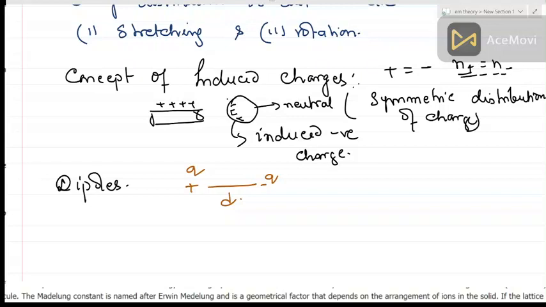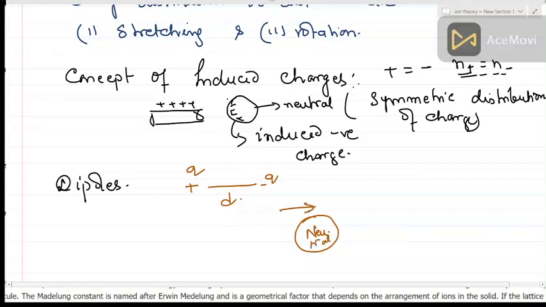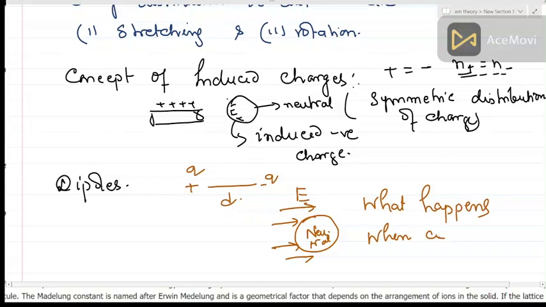Now what happens when you have a neutral atom of a dielectric material and you put it in an external electric field? Suppose this material is totally neutral, and there is an electric field like this. What happens?